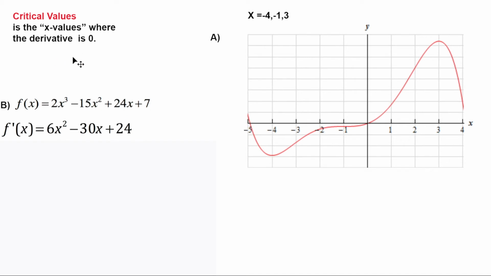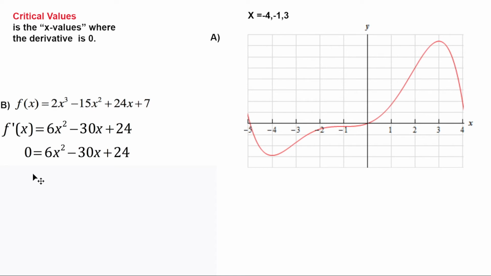Because critical values are where the derivative equals 0, we're just going to set f prime equal to 0. So notice that I replaced that with 0, and now I have to find the x values where it will make this equal to 0. In order to do that, we use the factoring method.